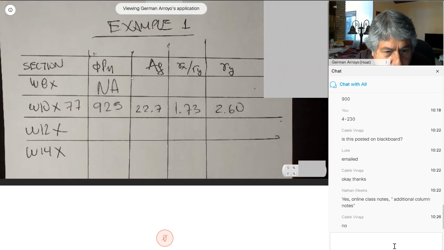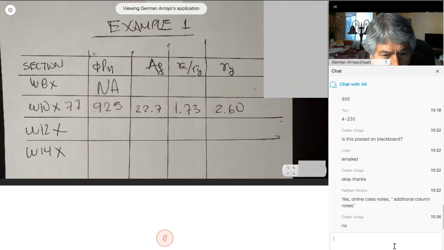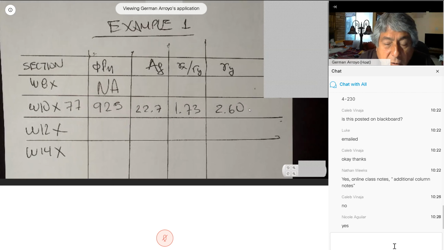These values I'm getting from the bottom of the same page. So go to the bottom of the same page and see the gross area, Rx over Ry, and Ry. Anybody, do you find it? Okay, anybody that cannot find it? So we have selected our first section.